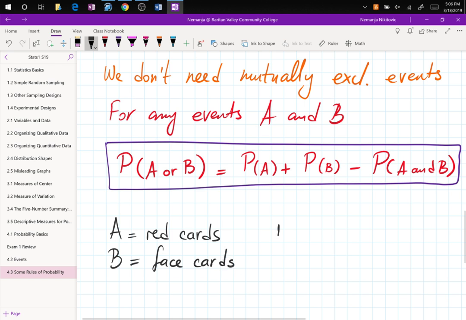The probability to pick a red card is 26 over 52. The probability of B, face cards, is 12 out of 52.